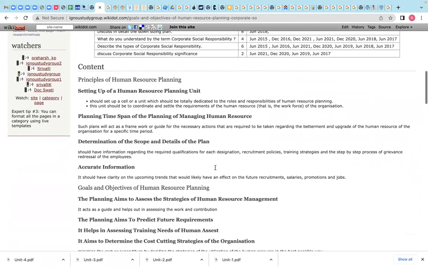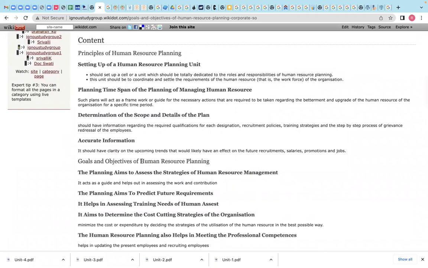To start with, it starts with the principles of human resource planning. First and foremost, what are the principles? First, setting up of the human resource planning unit itself. It should have a dedicated unit, and this unit should mainly concentrate on the human resource planning aspect. So the skill requirements, recruitment and all those things that we talked about would be the dedicated capabilities of this unit.